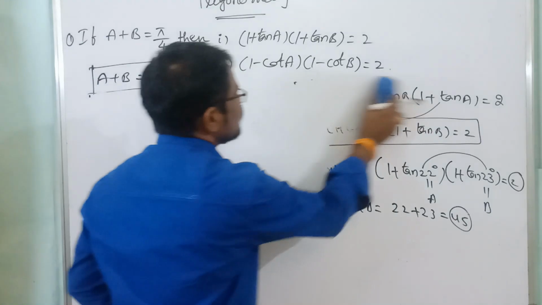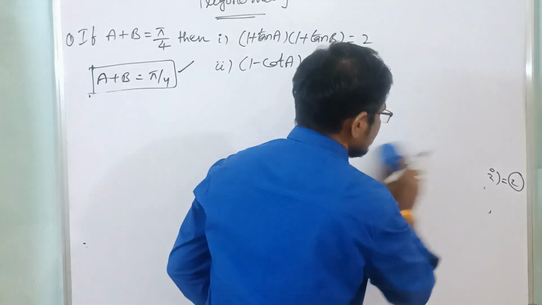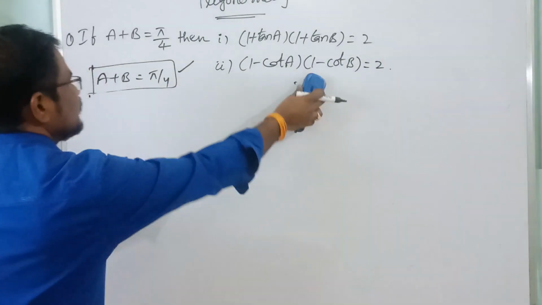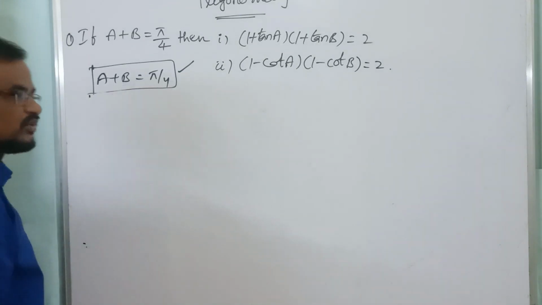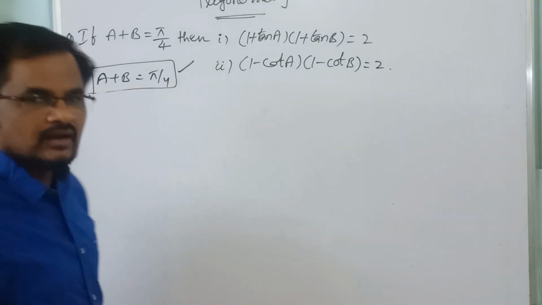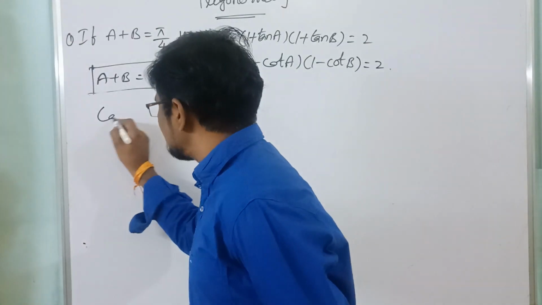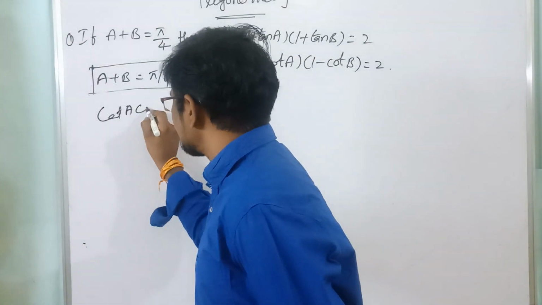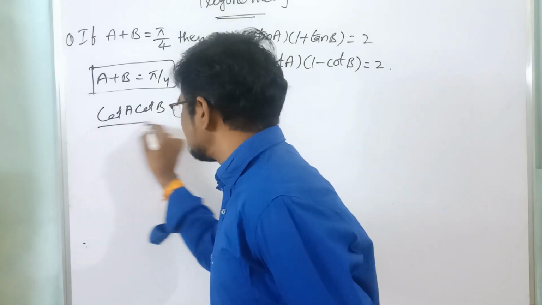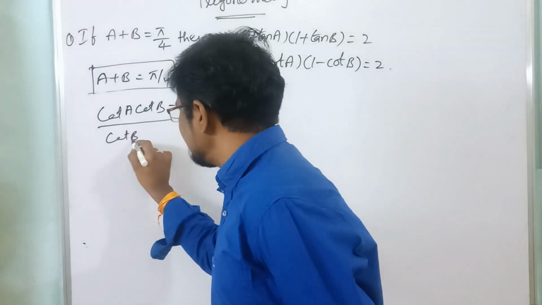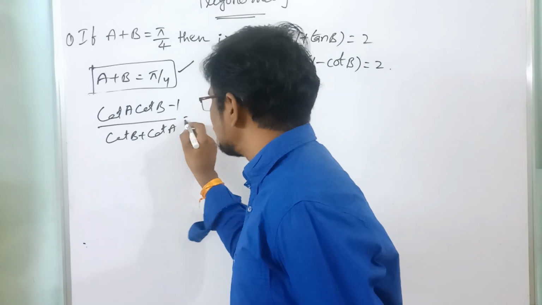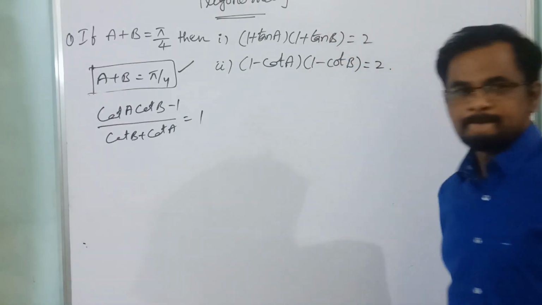Next, take the second one: 1 minus cot a, 1 minus cot b equals 2, whenever a plus b equals pi by 4. But here we have to apply cot. If we apply cot on both sides, what will we get? Cot a cot b minus 1 divided by cot b plus cot a equals cot pi by 4, which is 1.